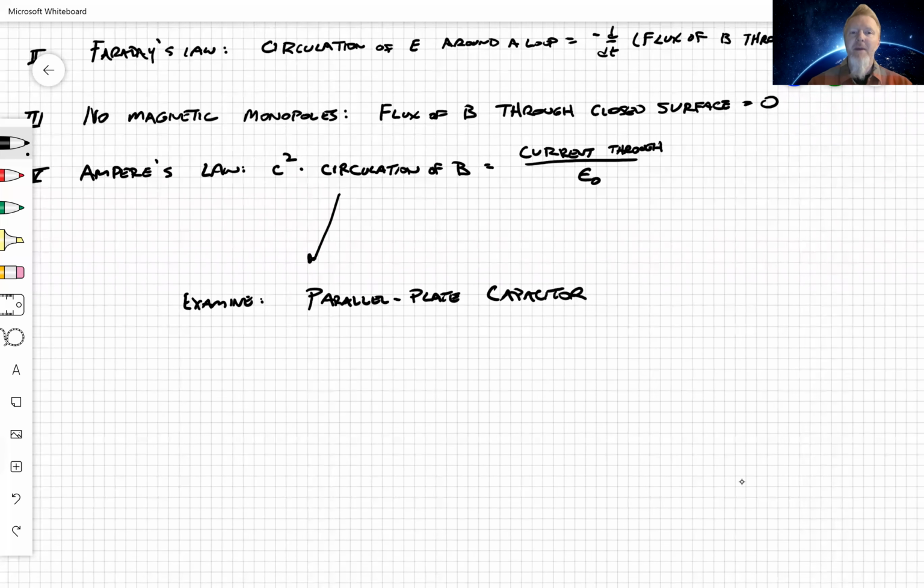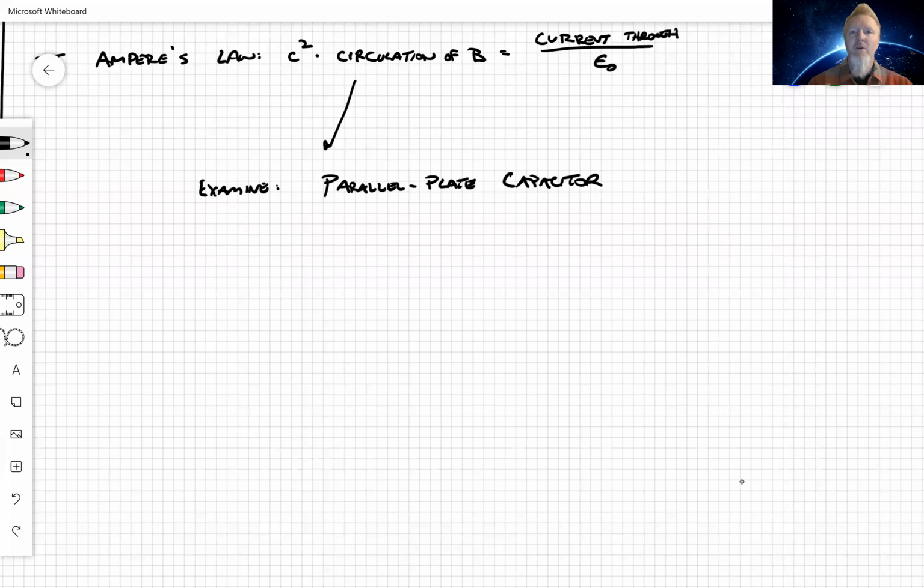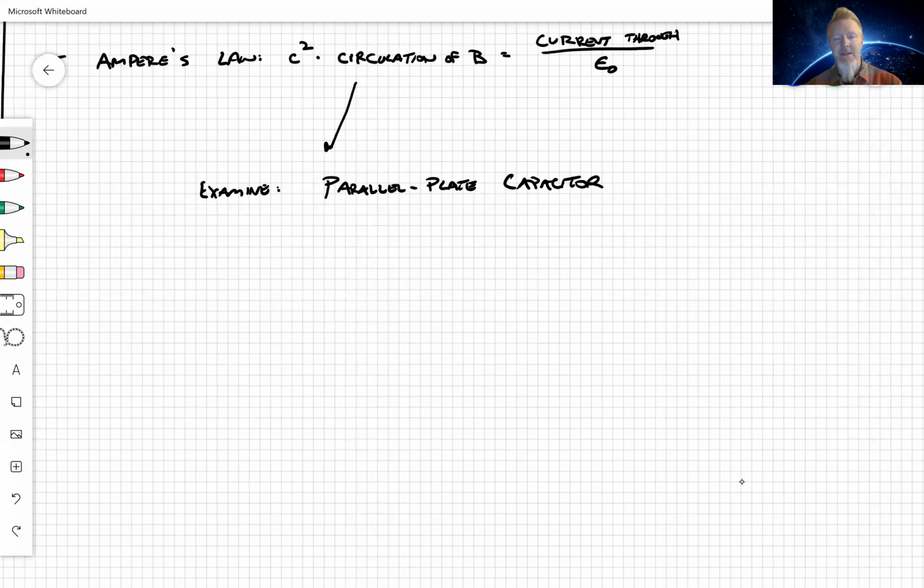Examine a parallel plate capacitor. So if I look at law number 4, as it is written, I want to examine a parallel plate capacitor, and I want to look at it as it's undergoing a charging cycle. So for whatever reason, either I have just hooked it up to a DC battery, or I have an AC source and it's putting charge onto the plates.